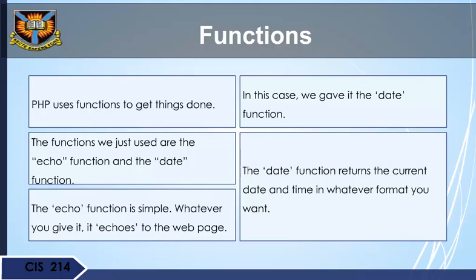Functions. PHP uses functions to get things done. The functions we just used are the echo function and the date function. The echo function is simple. Whatever you give it, it echoes to the web page. In this case, we gave it the date function. The date function returns the current date and time in whatever format you want.